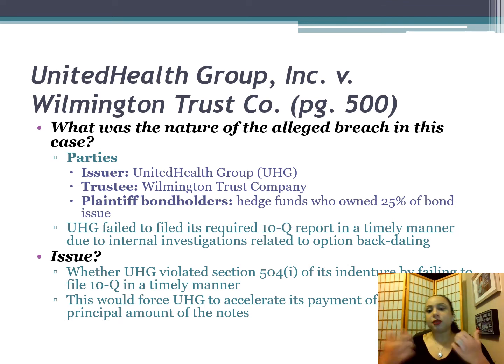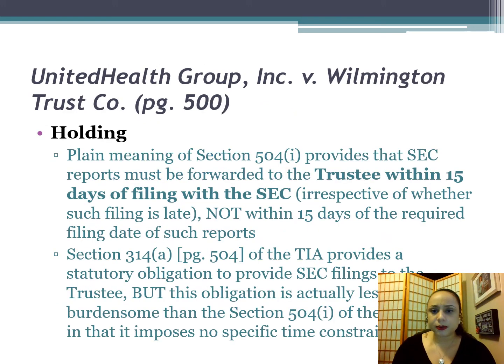So it makes sense that the trustee would also want to have copies of these reports. If in fact the issuer failed to comply with 504I of the indenture, it would force UHG to accelerate its payments of the principal amount of the notes in this particular case. So this is a big deal.